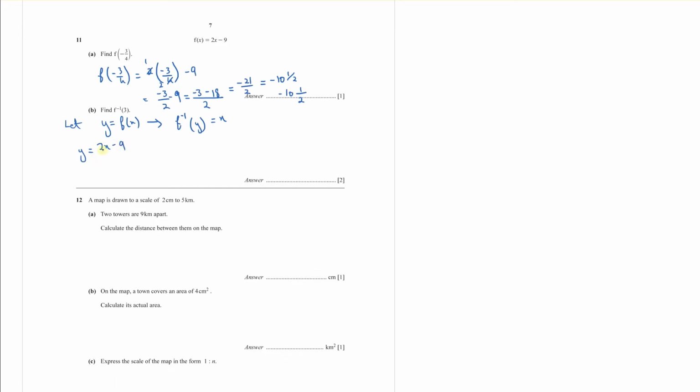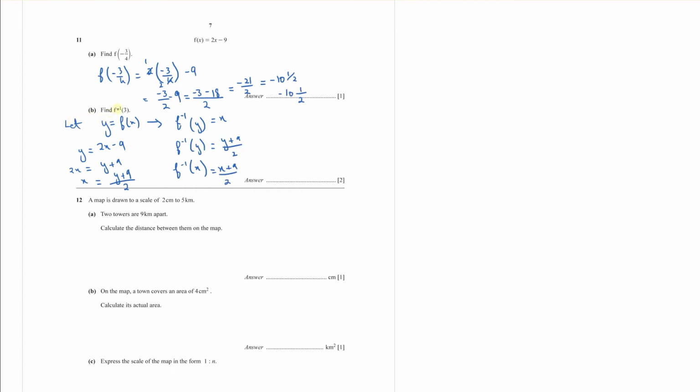And then if I want to make x the subject of the formula, I take 9 to the other side. This becomes 2x equals y plus 9, and then x equals y plus 9 over 2. So this is your x equals y plus 9 by 2. Since x is f inverse of y, I can write it as f inverse of y equals y plus 9 by 2. And then f inverse of x would be x plus 9 over 2.